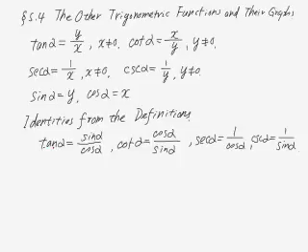We know this tangent alpha is well defined if this denominator is not equal to 0. So that means the cosine alpha is not equal to 0. Let's see when the cosine alpha is equal to 0. So cosine alpha is equal to 0 if and only if this x coordinate is equal to 0.